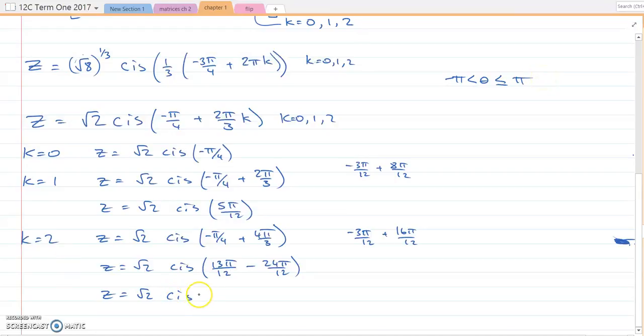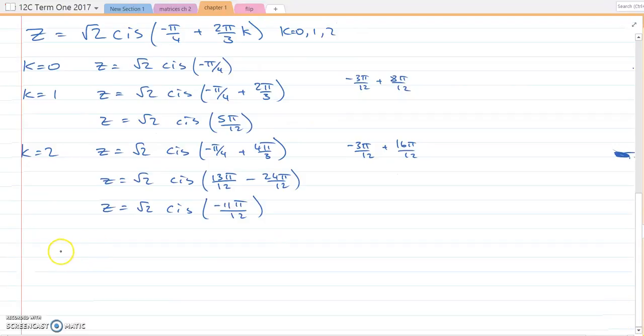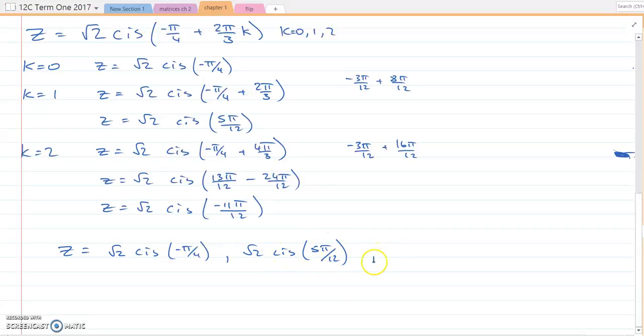So cis of negative 11 pi over 12. These are my 3 solutions: z is the square root of 2 cis minus pi over 4, the square root of 2 cis 5 pi over 12, and the square root of 2 cis negative 11 pi over 12.